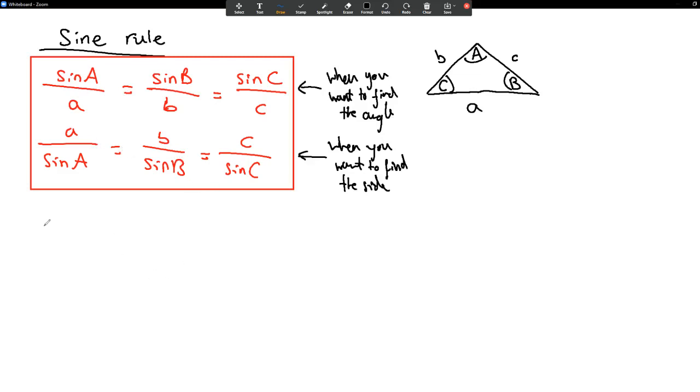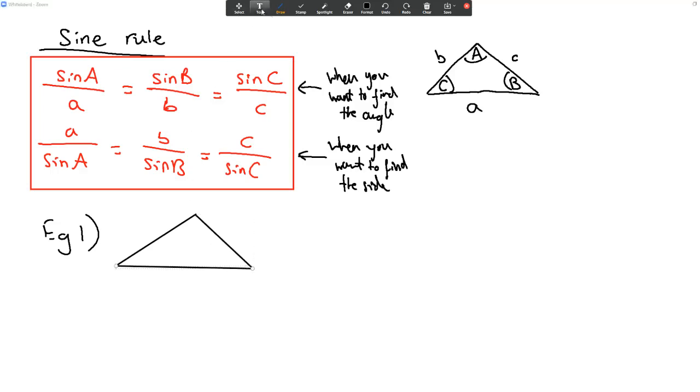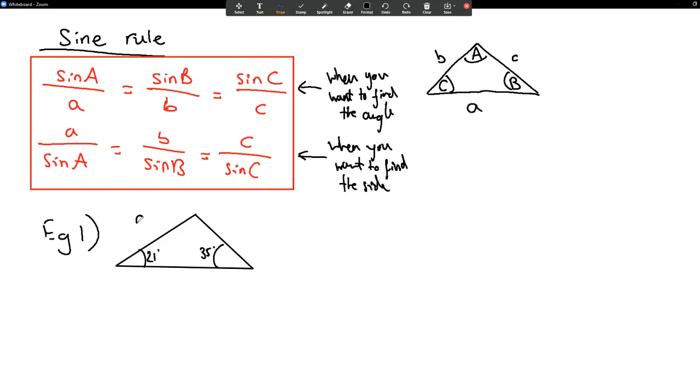Alright, so let's do an example. Here we have a non-right-angled triangle. We have this angle 35 degrees, and this angle 21 degrees. This side is 23, this is x.